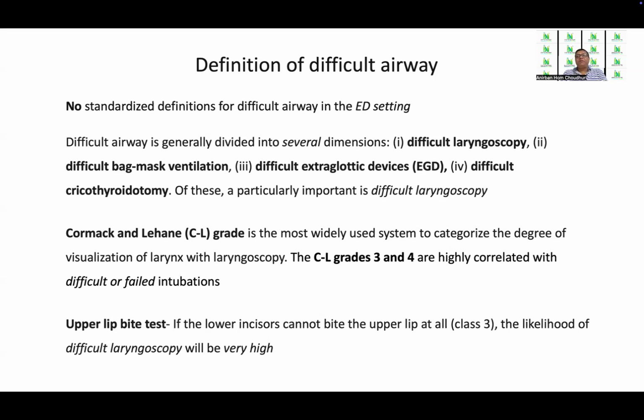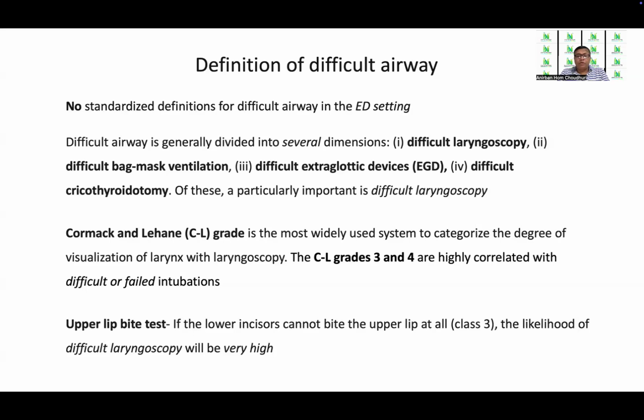It is the same definition which follows from anesthesia practice, that has crept along. But difficult airway is generally divided in emergency department settings into certain dimensions, which include difficult laryngoscopy, difficult bag mask ventilation, difficult extraglottic device insertion, and difficult cricothyroidotomy.